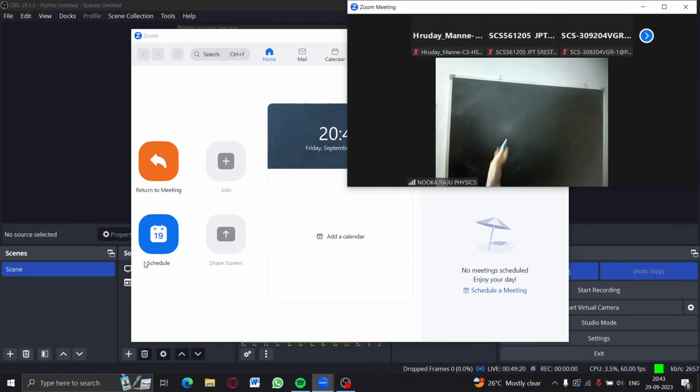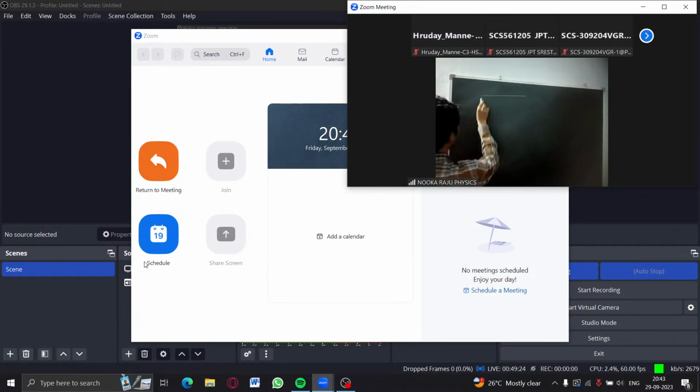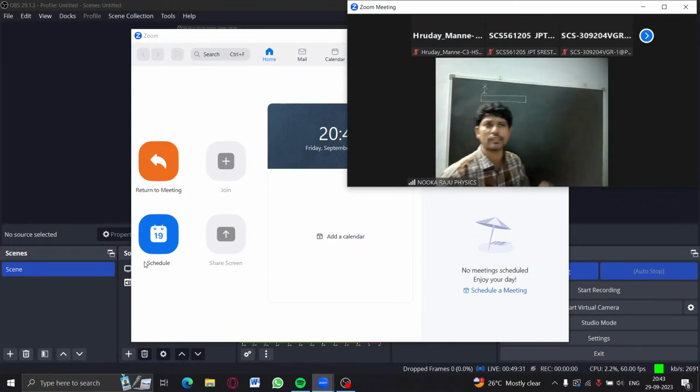Now I want to calculate one more problem. This is a plank, this is a man. Instead of a plank we can also consider a boat. The object is different, but the manner and the process are the same.